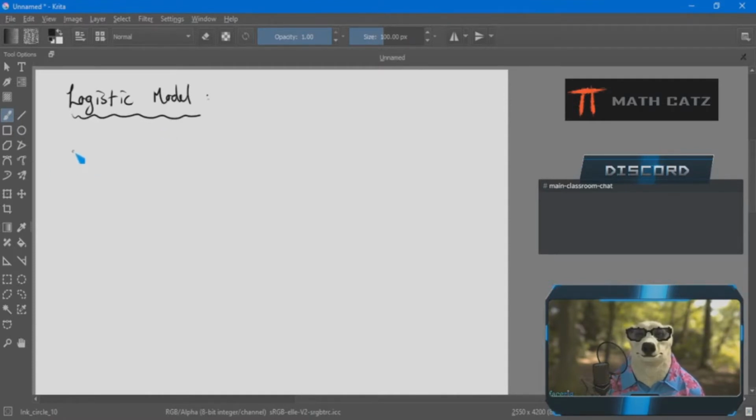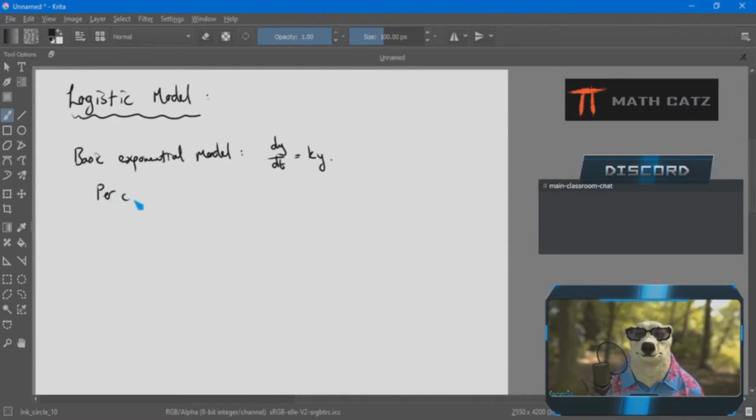So let's recall one way to look at this is our basic exponential model says that the growth rate is proportional to the population size at that time.